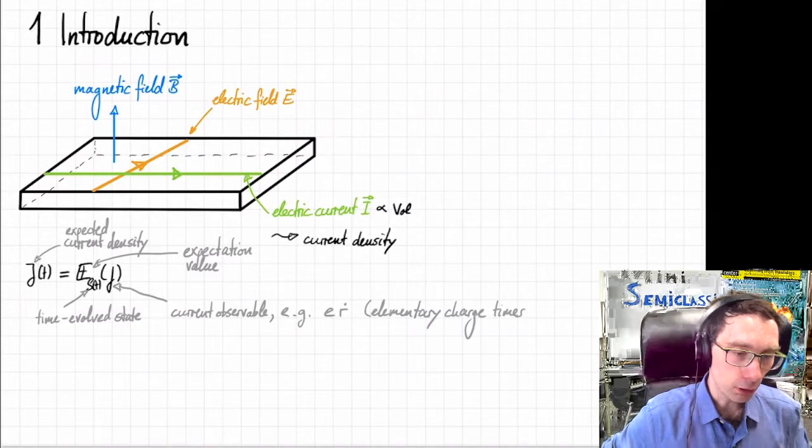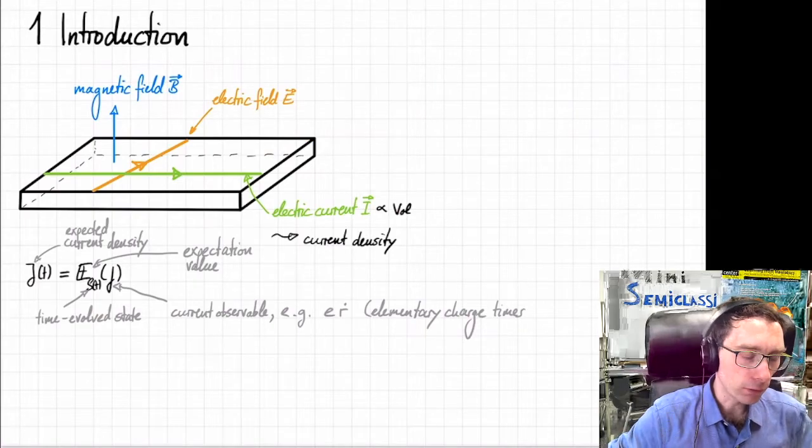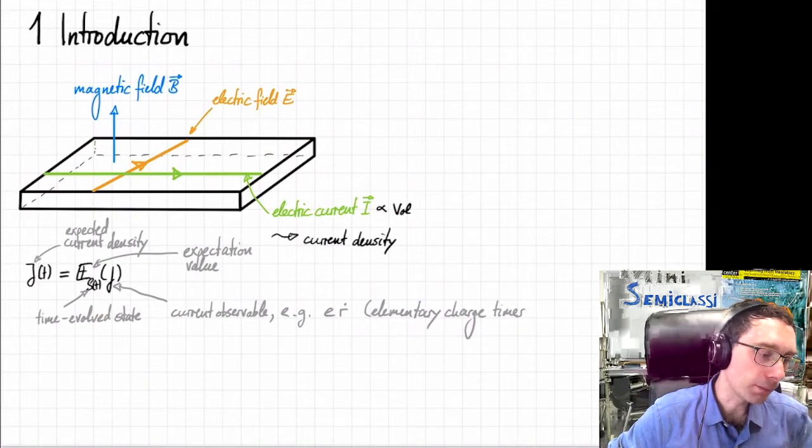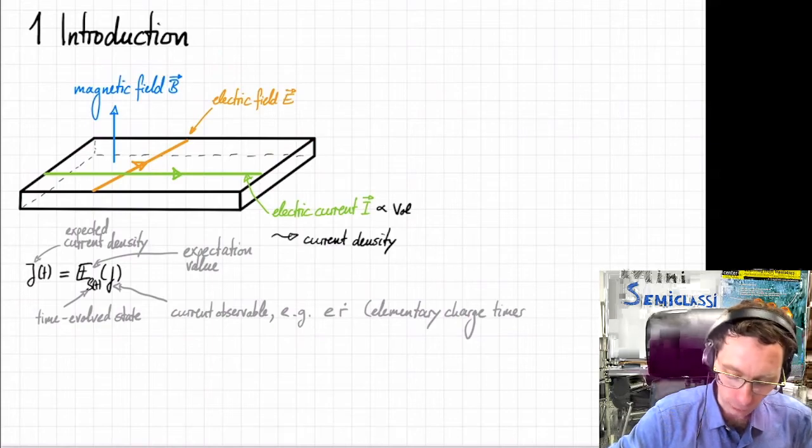Of course, you can also look at it in a quantum picture. Then this would be i times the commutator of the position operator with the Hamiltonian, up to a proportionality factor, of course.